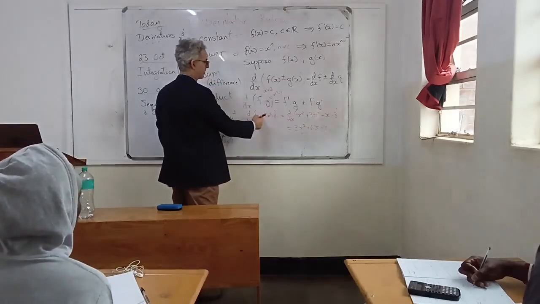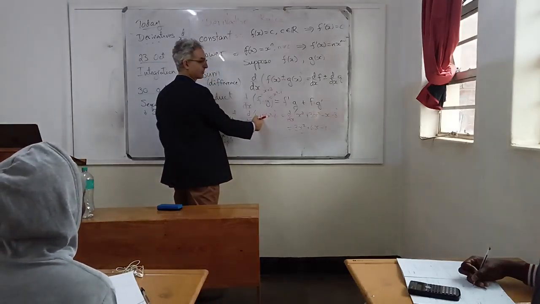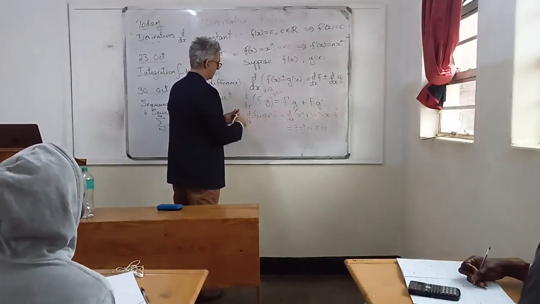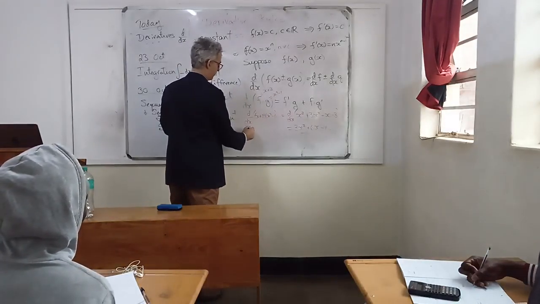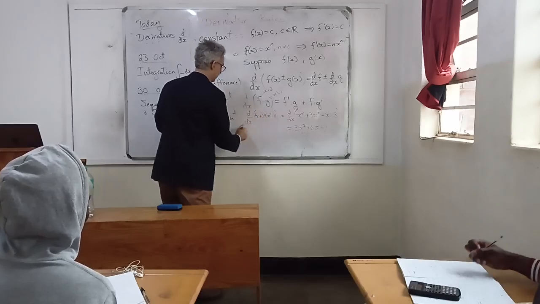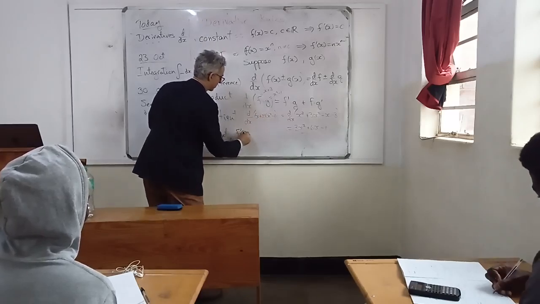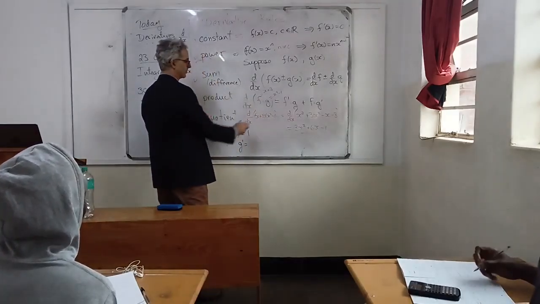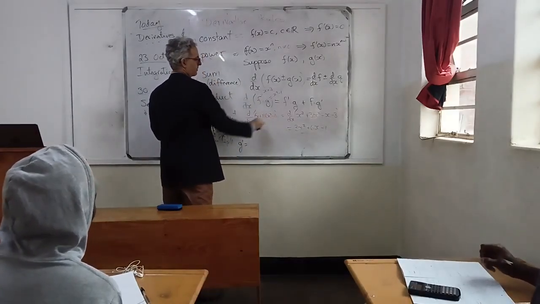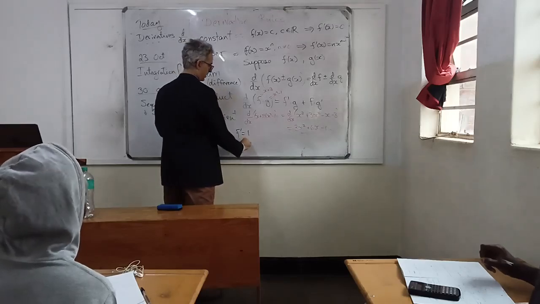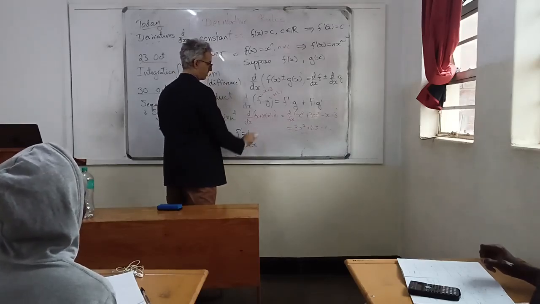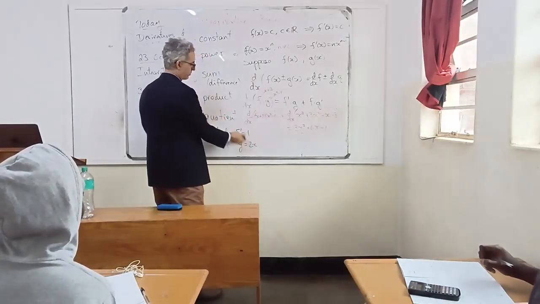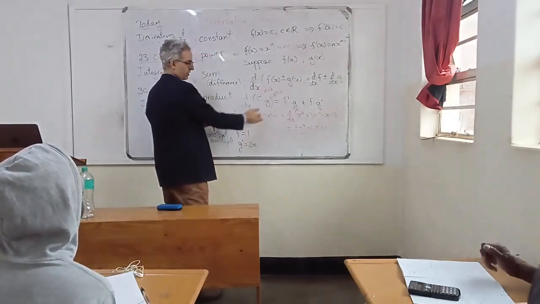And the derivative of 3? 0. So f prime is 1. What is g prime? What's the derivative of x squared minus 1? 2x. The minus 1 is a constant, so it goes.